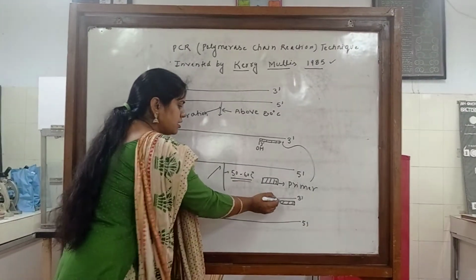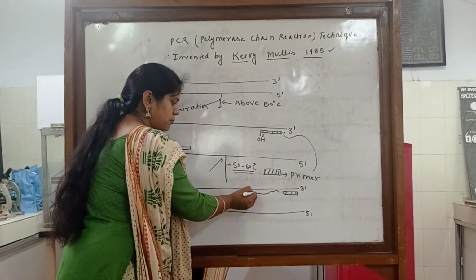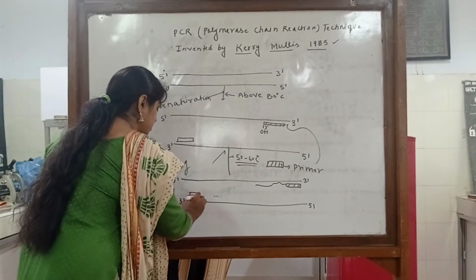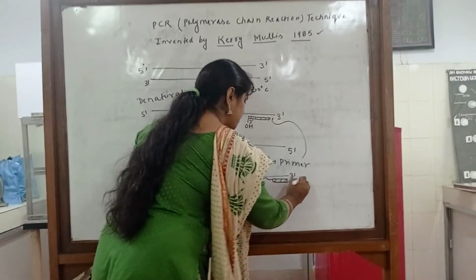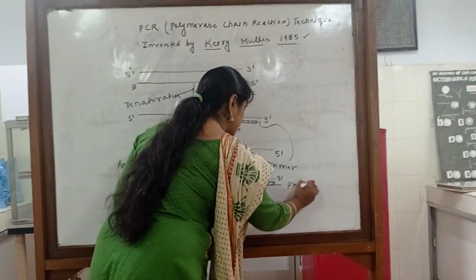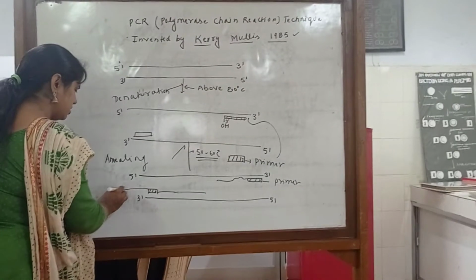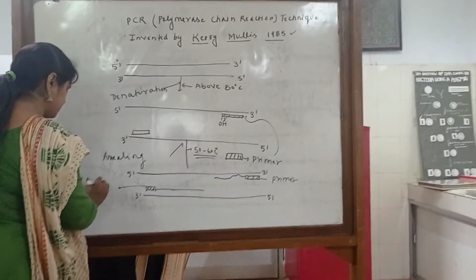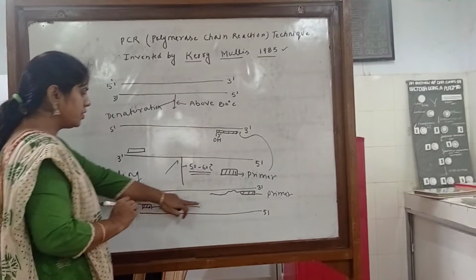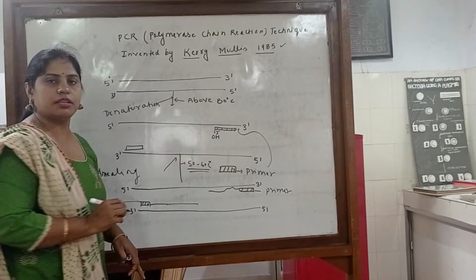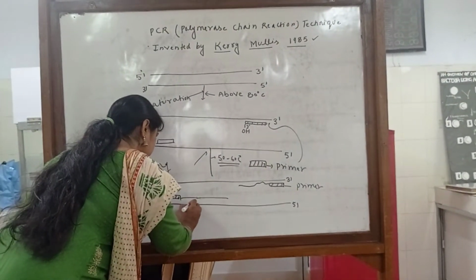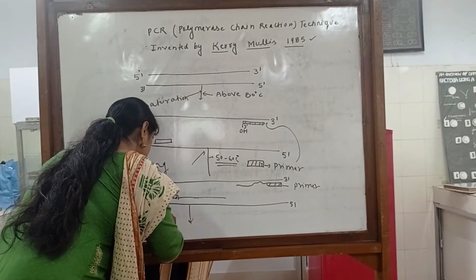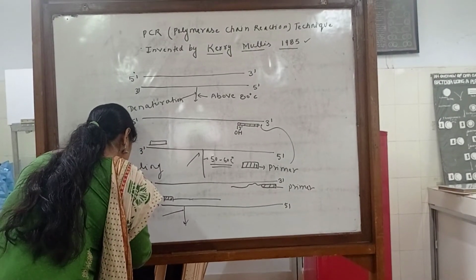Now new strands are amplified. Here there is amplification of a new strand. Here is also a primer. So two new strands are synthesized in the extension step.